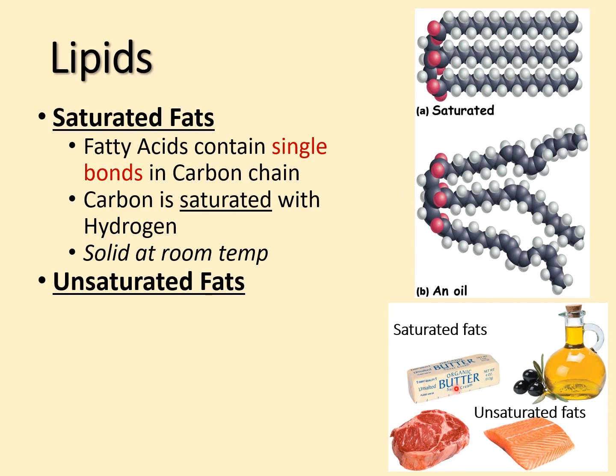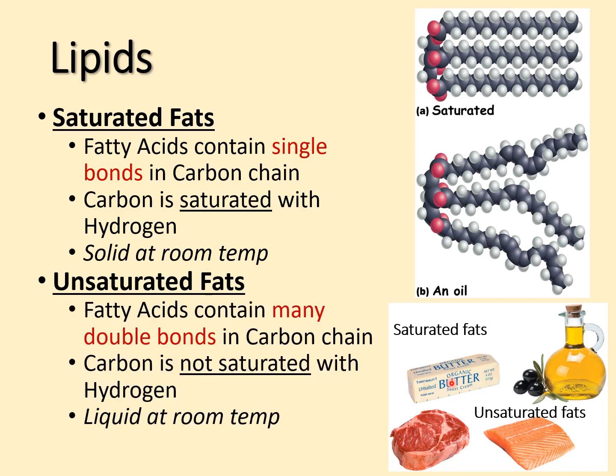So every carbon is attached to as many hydrogens as possible. So they're saturated with hydrogen, is where the terminology comes from. And a saturated fat is solid at room temperature. So you think of animal fats, right? Butter. So they're a solid at room temperature.